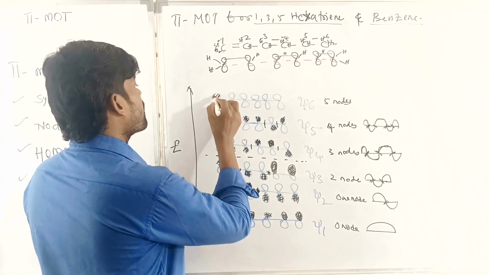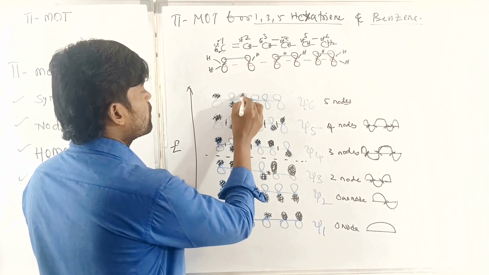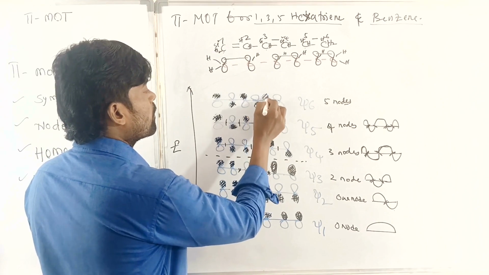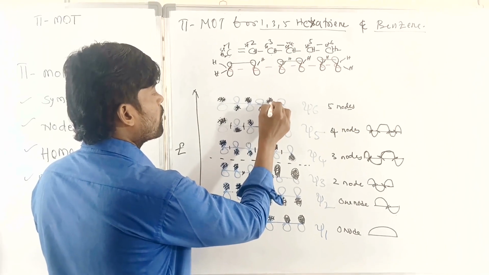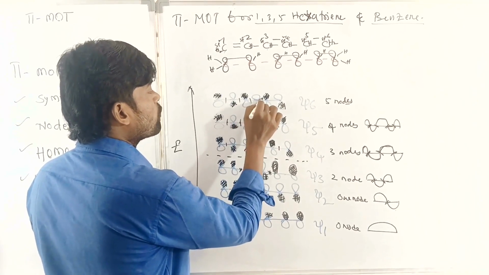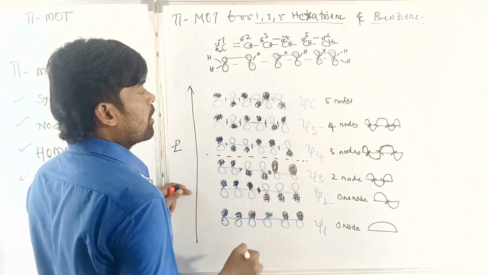See, upside, all are opposite. 1 node, 2 nodes, 3 nodes, 4 nodes, 5 nodes. All are opposite.